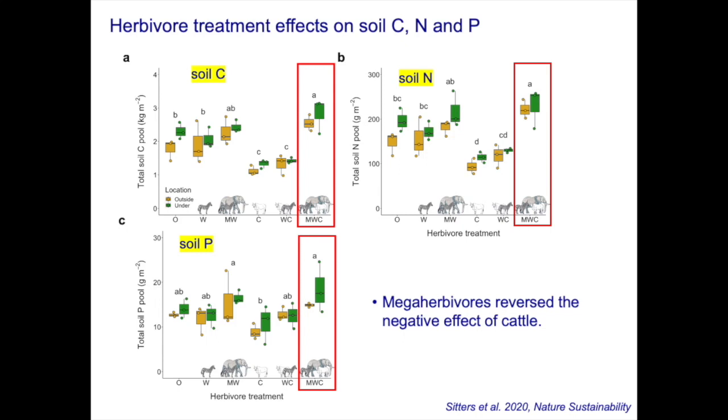We're comparing MWC, in this case a plot with megaherbivores, with C and WC, both of which have cattle but without megaherbivores. The negative effect that we are seeing for cattle are actually offset by presence of megaherbivores.